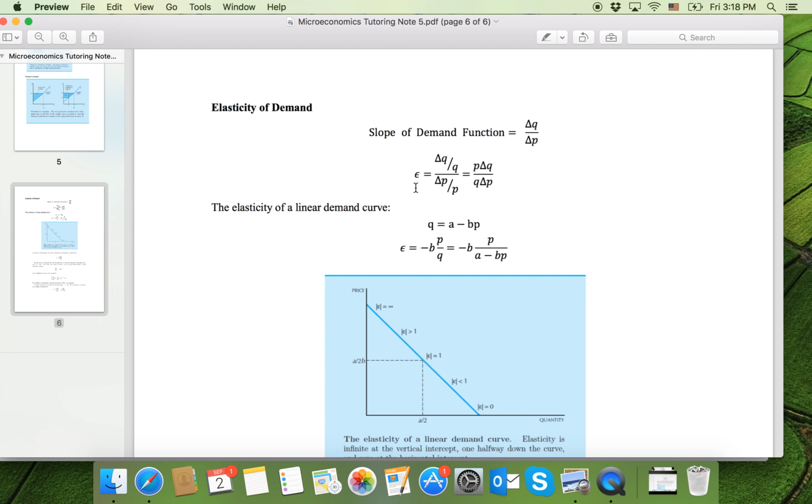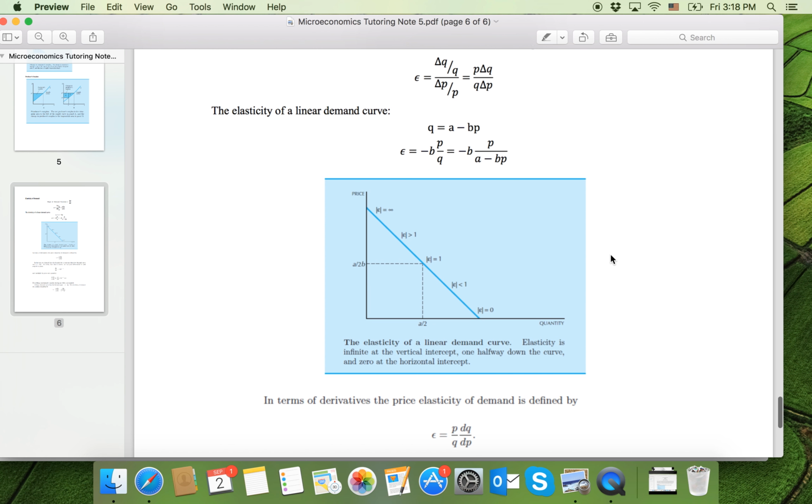Therefore, elasticity asks: if price changed by a certain percentage, how will quantity change in percentage terms following the change in the price? Okay, so the only difference is we measure these changes by percentages, but the fundamental thing we're thinking here is still how demand changes with price.